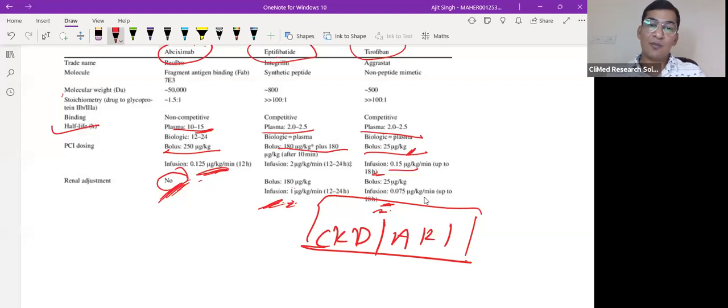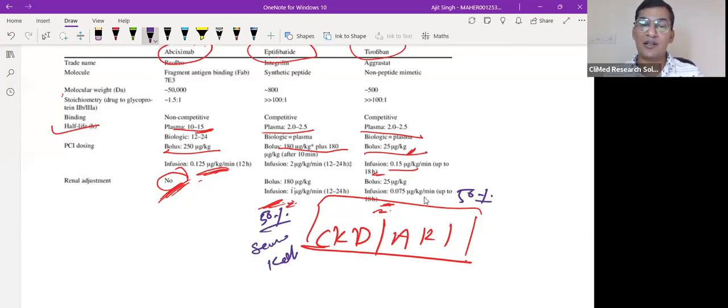Why is it? Because when I'm talking about eptifibatide and tirofiban, 50% of both drugs is secreted by the kidney, and the remainder stays in the body over time and causes toxicity.